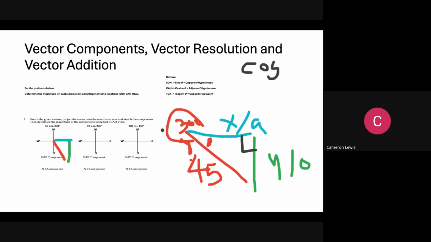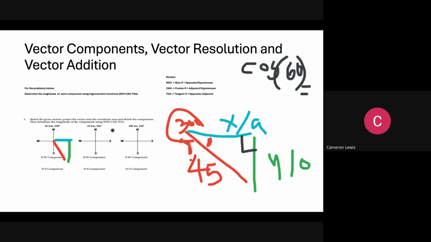And what's my angle? 45 is the length. The angle would be 60. Good, I'm glad you said that. So the angle is 60.